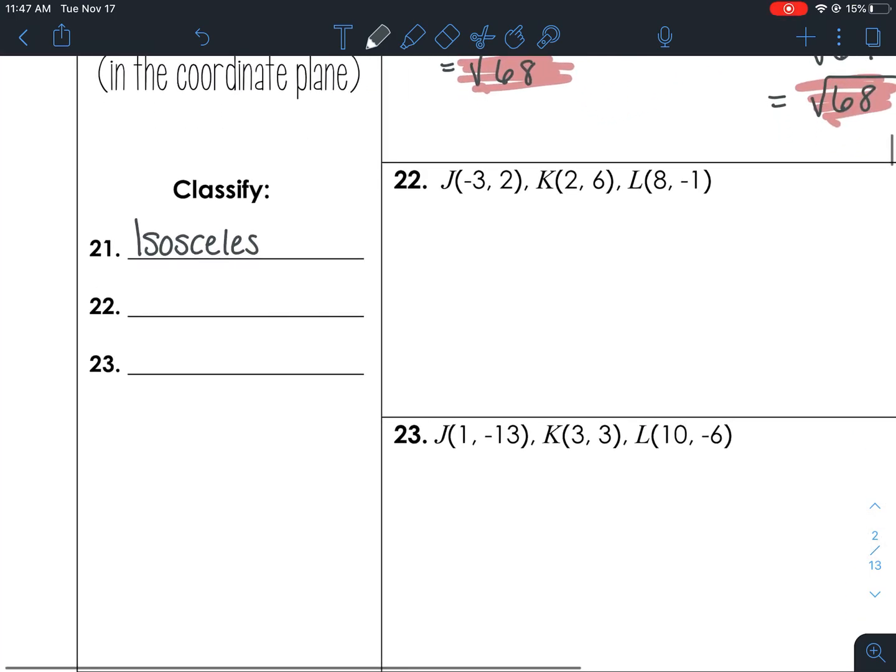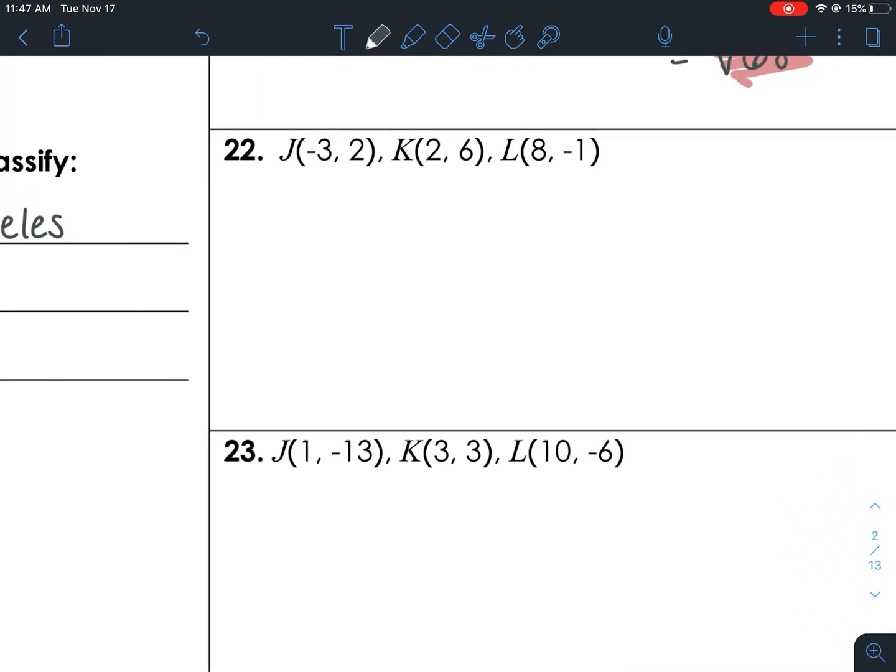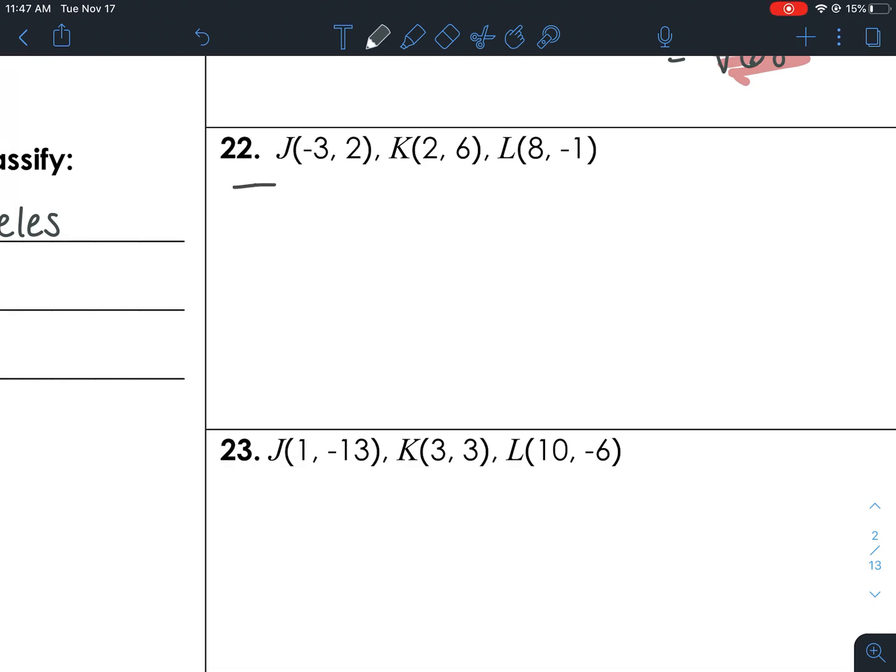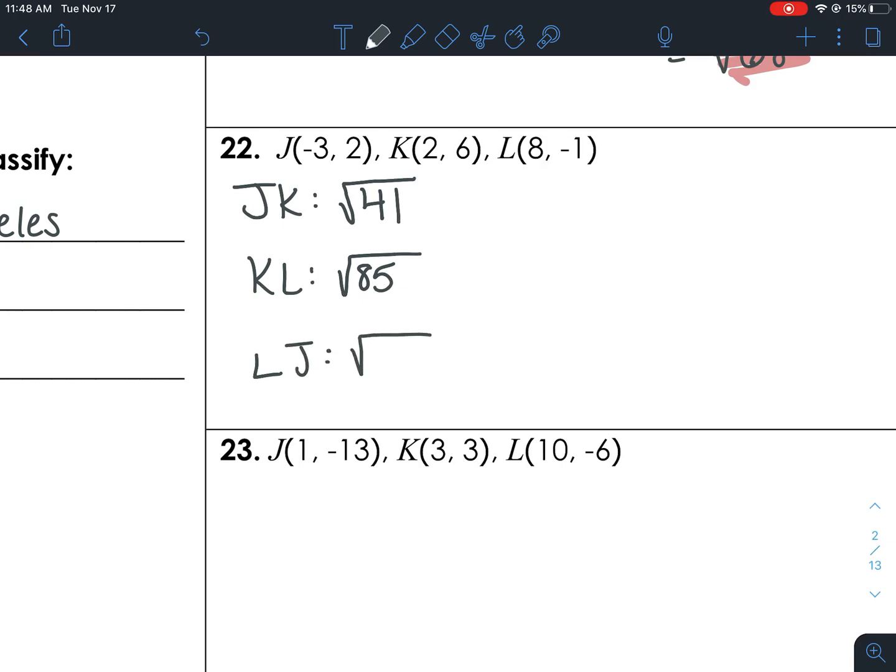All right, you're going to do the same for 22 and 23. I'm going to write down the answers for what you should get for each side, so you can check yourself here. So when we do this one, JK, you should get the square root of 41. KL, you should get the square root of 85. And finally, LJ, you're going to get the square root of 130.